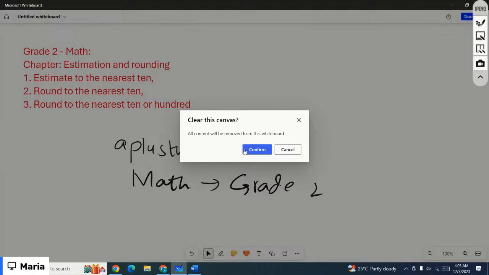For example, you have the number 9. You have to round off this number to the nearest 10.